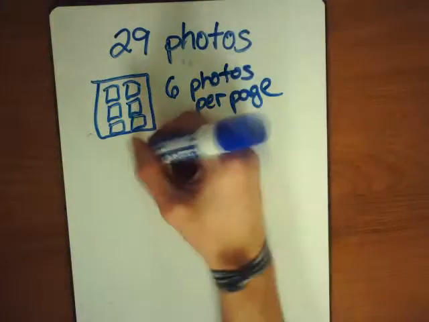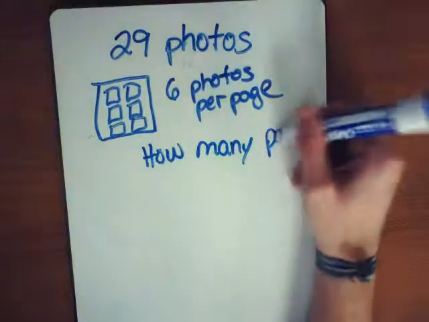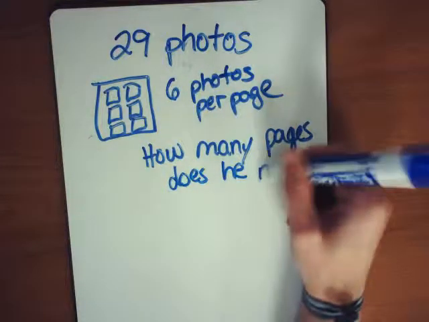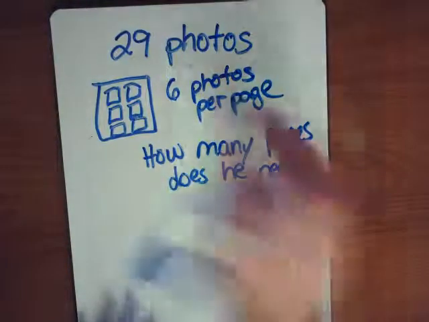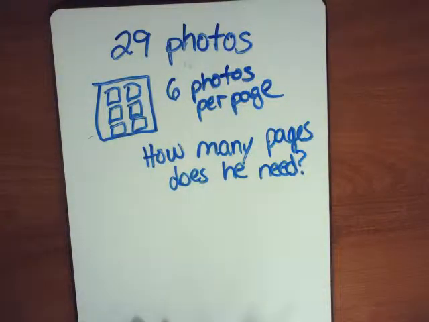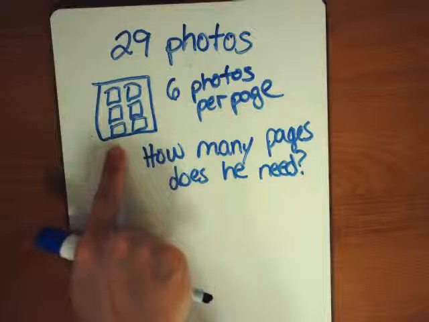I want to know, how many pages does he need? Okay? So again, this time I don't know how many groups I have. I know that only 6 photos will fit on each page.